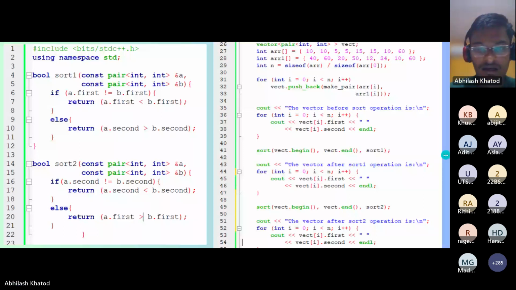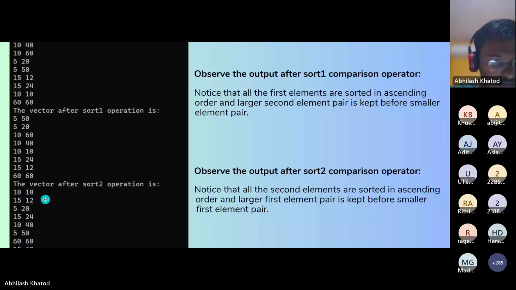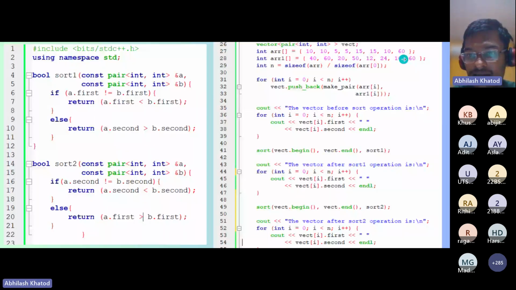We'll understand with the help of an example. Let's assume any two pairs. We'll take 60 60 and 10 60 as these pairs. Now we'll again understand the code line by line.